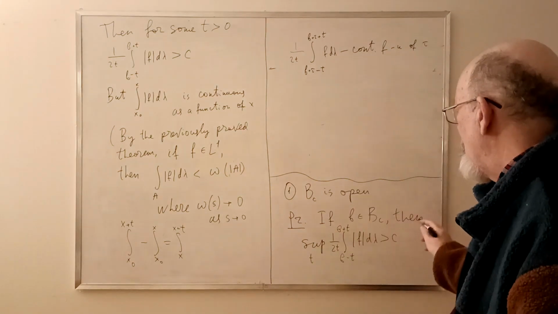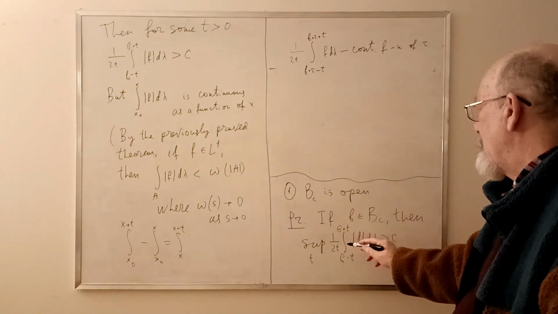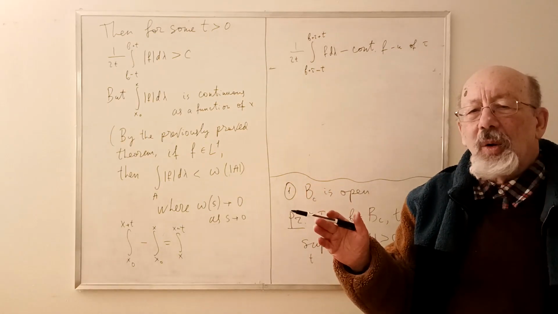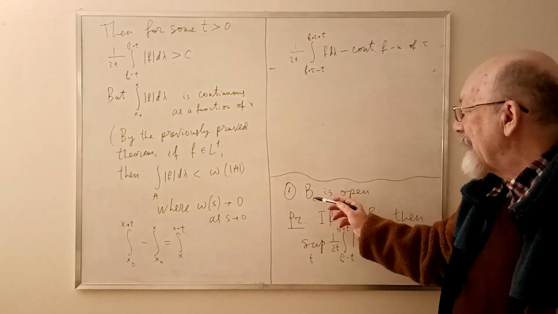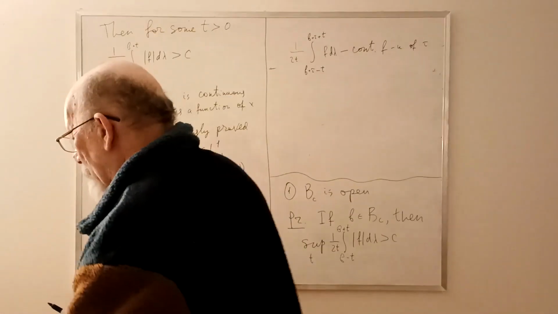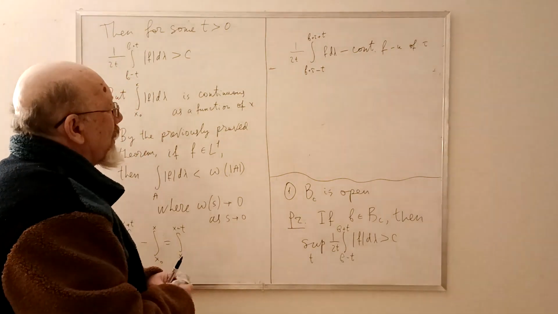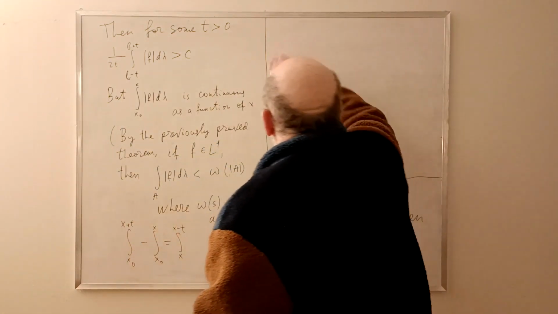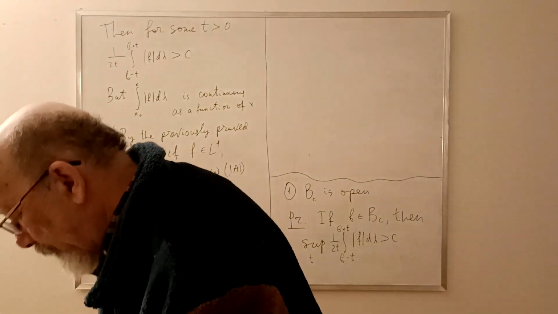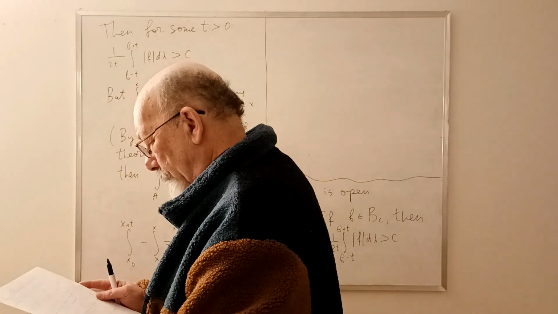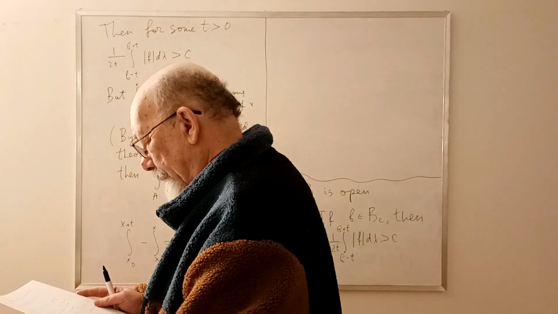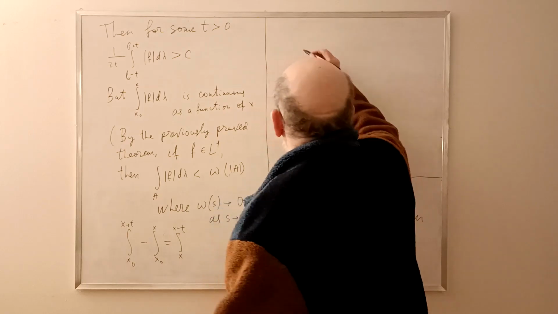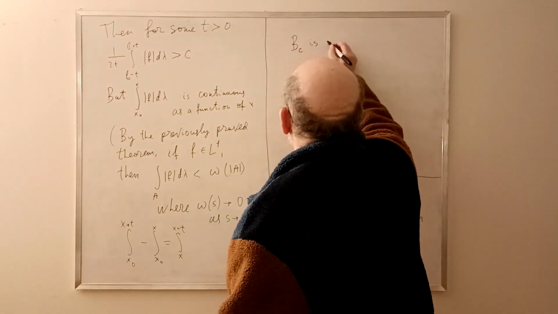So this means that together with the point b, the points b plus minus tau also are in the set B capital C. So this set is open. Oh, my God. So the BC is an open set.